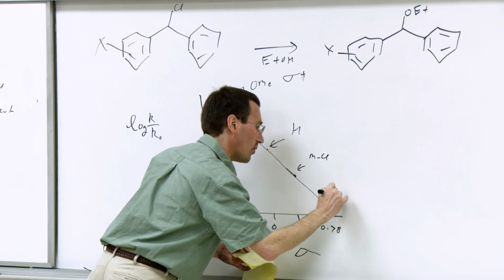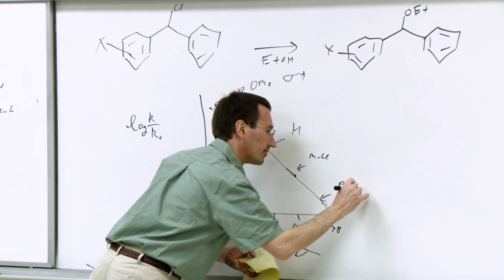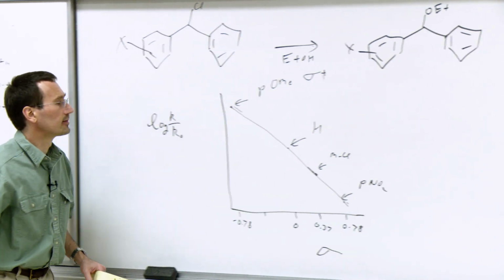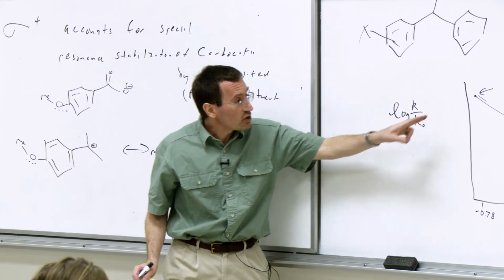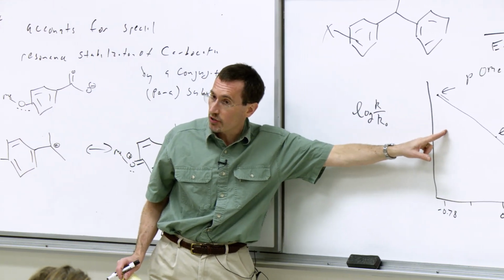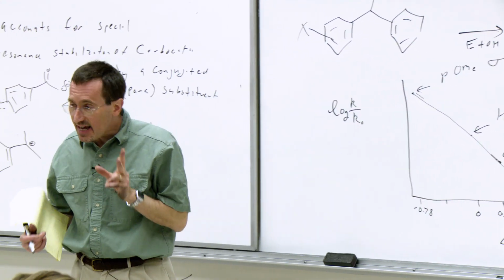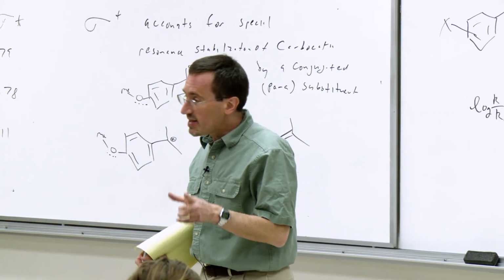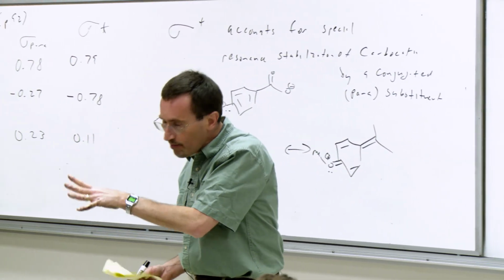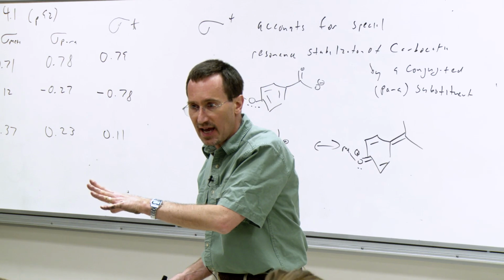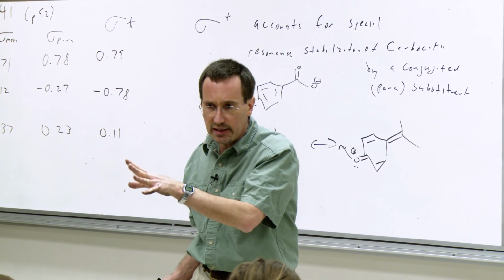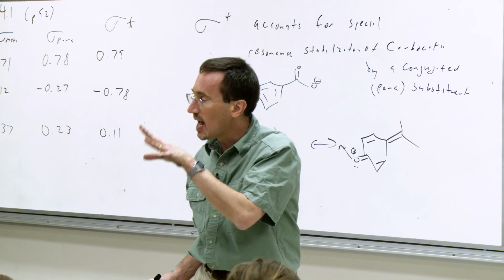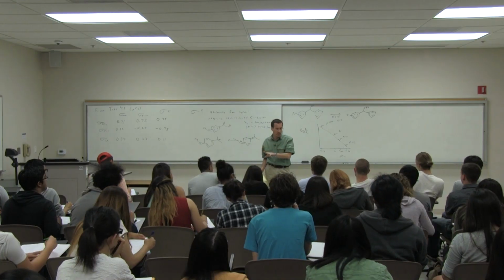And here's our data point for para-nitro. And what one observes is a linear relationship. And if you think about that, that's kind of amazing that you can measure some simple pKa's for benzoic acid and then take another reaction, a completely different reaction, and see a linear relationship.